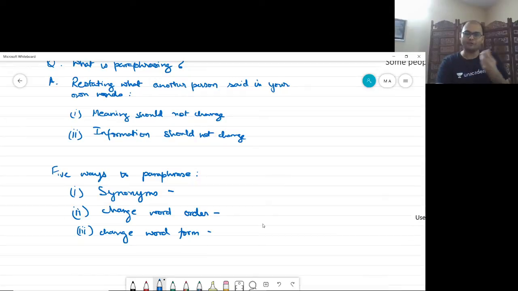Or you take running and you change it to run, or for example you take the word intellect and you somehow change it to, well, maybe not intellectual, that wouldn't be very difficult, but something such as changing conclusion to conclude, alright, and so on. So these are the kinds of changes that you could make while paraphrasing.